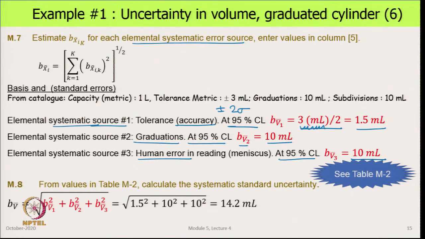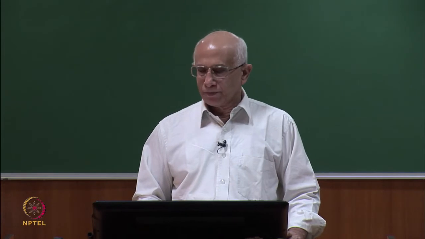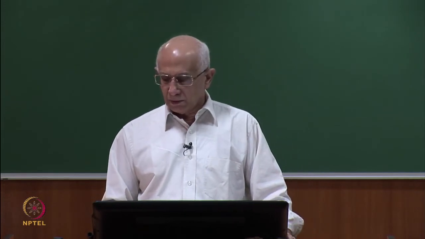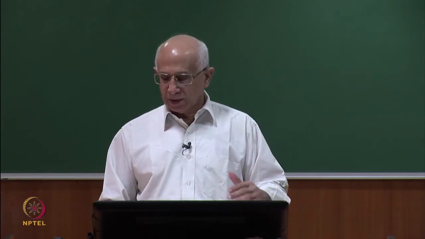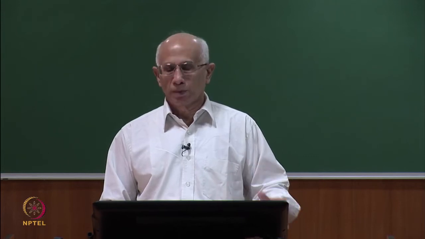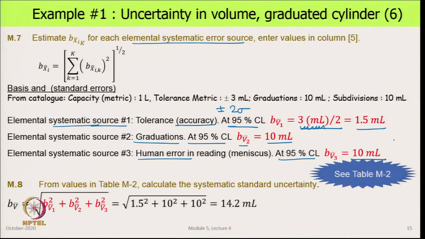One could argue that I will report it to the nearest possible marking, but then again there is a judgmental call: if it is somewhere in the middle, which one do you report? So, one way is to say that I will take this as plus minus 5 milliliters, the other one is plus minus 10 milliliters. This is more conservative and represents a more realistic picture.